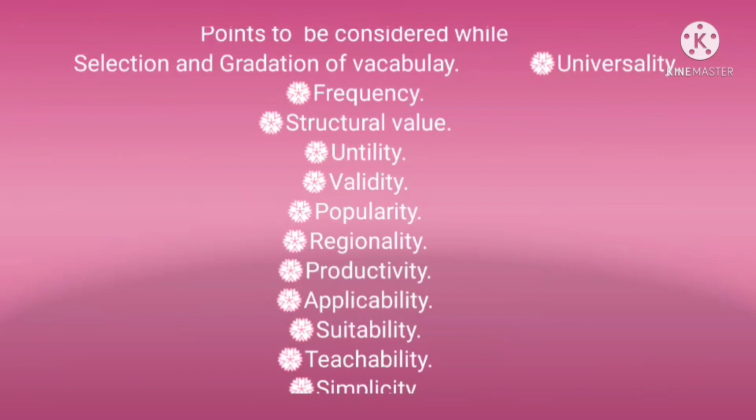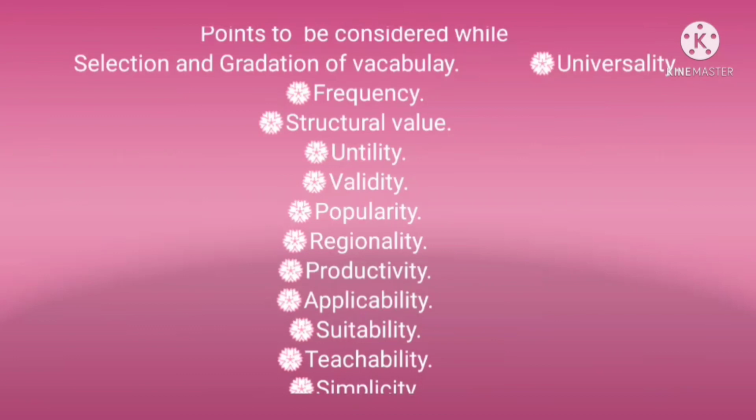And the next is popularity. Words used in speech and news, and those which are very popular, should be included in the selection and gradation of the vocabulary. And the next is regionality. Some words are very important in a particular region, while other regions do not require them. Regional usage would be an important guiding principle.